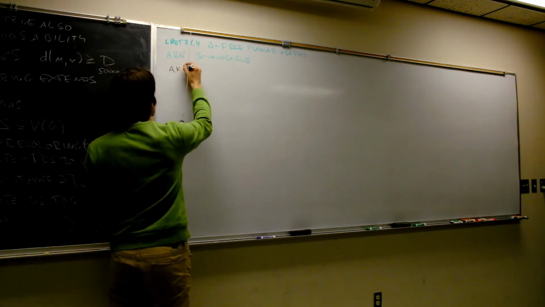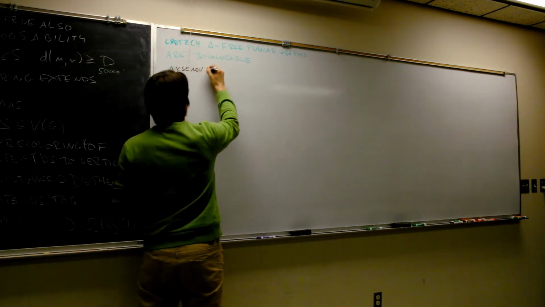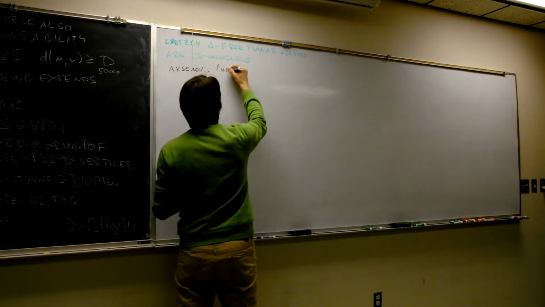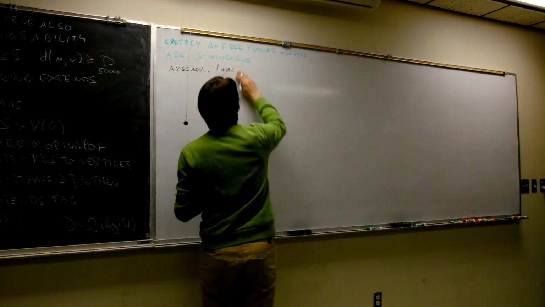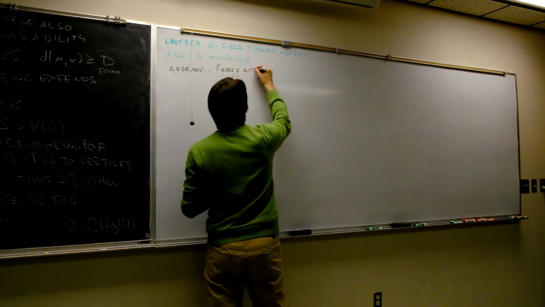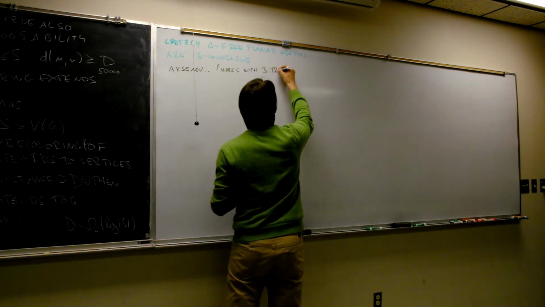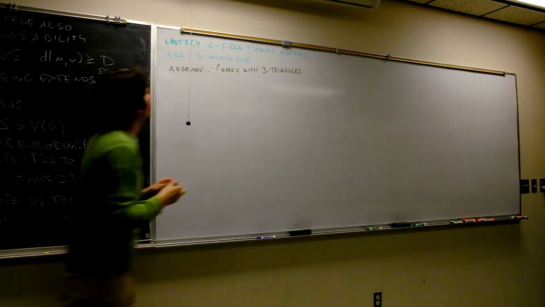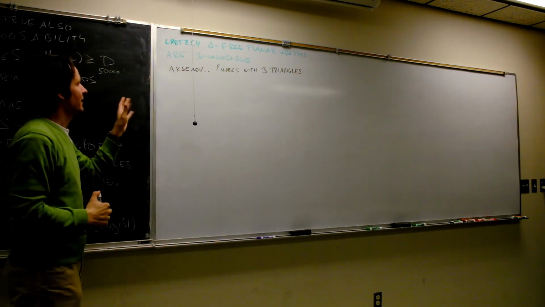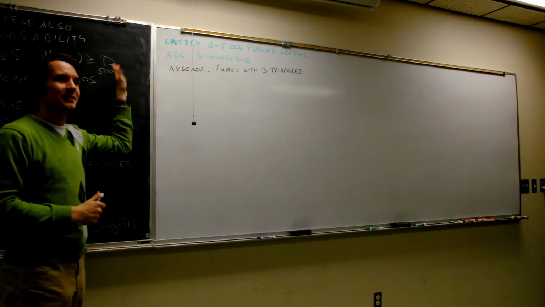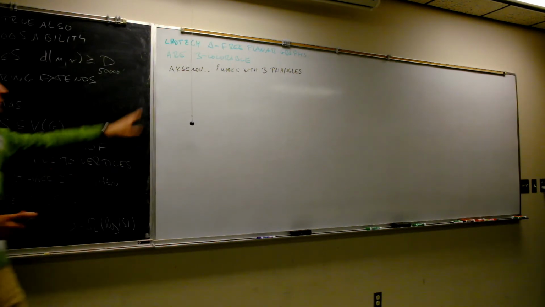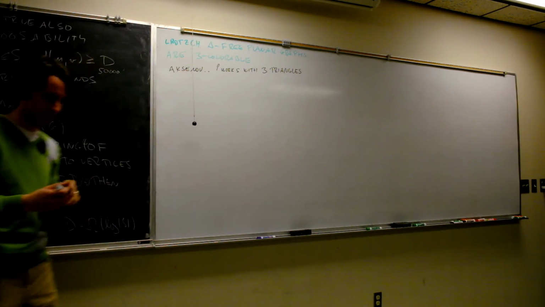Aksenov showed that it works with three triangles. So it's saying if you have a planar graph and it has at most three triangles, it is still three-colorable. So you can have three triangles and it will not ruin the property that the graph is three-colorable.